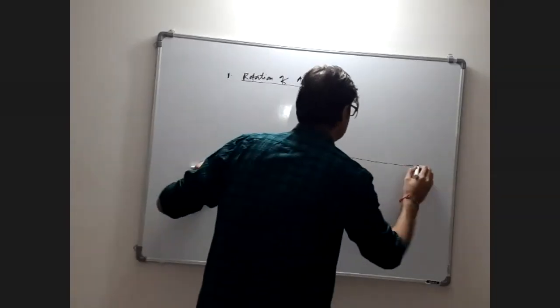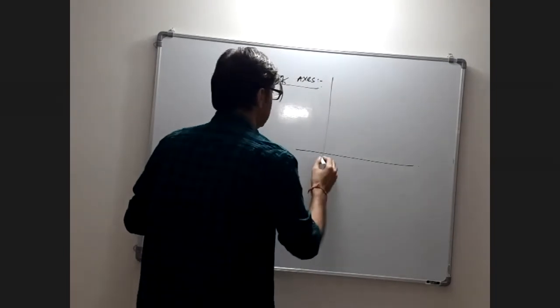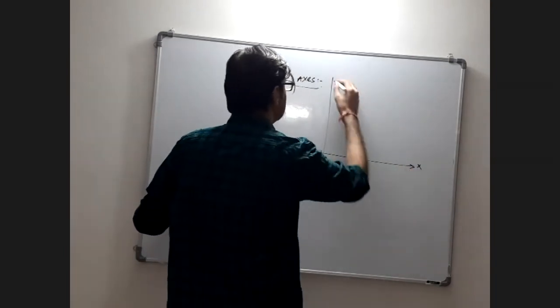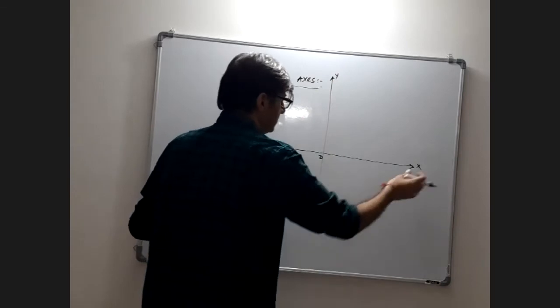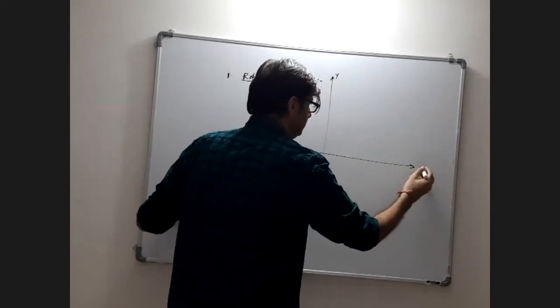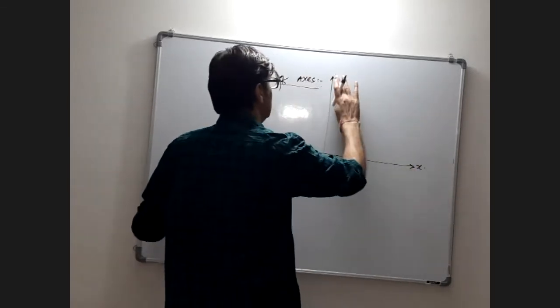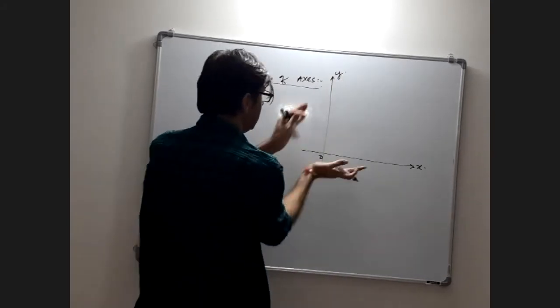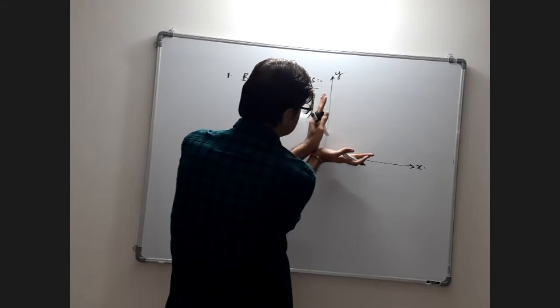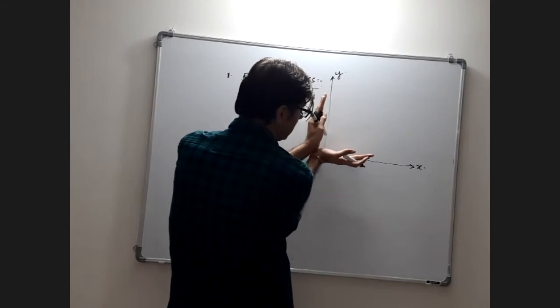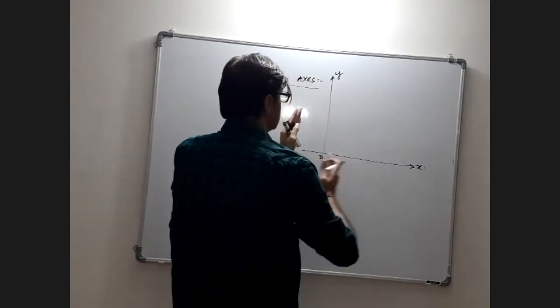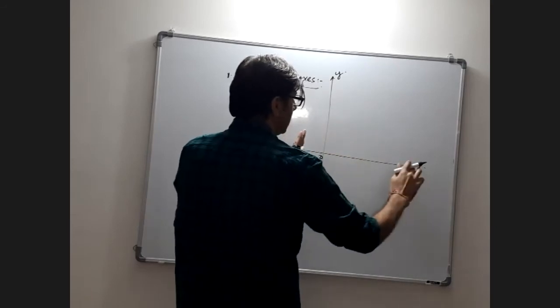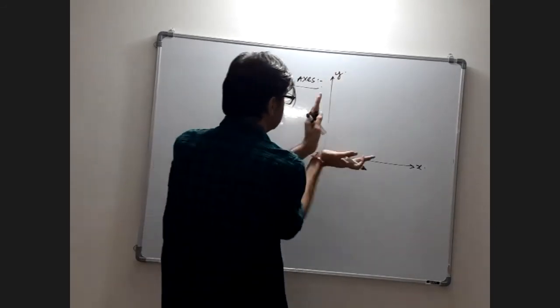Which you can see in this particular figure. This is your O, X and Y. Now look at what we will do to this system, because this is a Cartesian coordinate system, with the horizontal at an angle of 0 and this at an angle of 90 degrees.